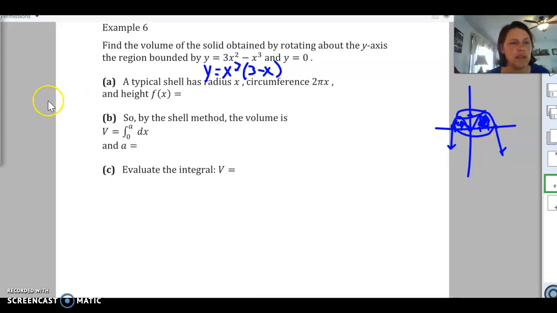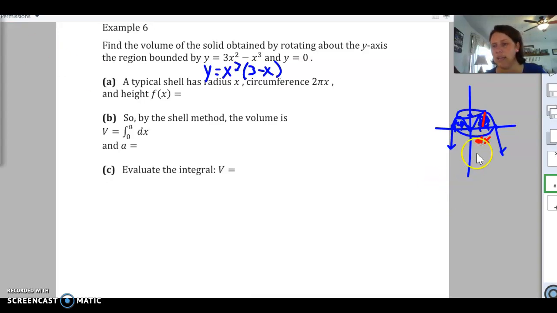With the shell method, we are going to take one slice, and this is going to be a dx. This is what's a little bit different about this method: we are revolving around the y-axis, but it ends up being an equation that we integrate in terms of x, which is really nice. We don't have to change that equation over.